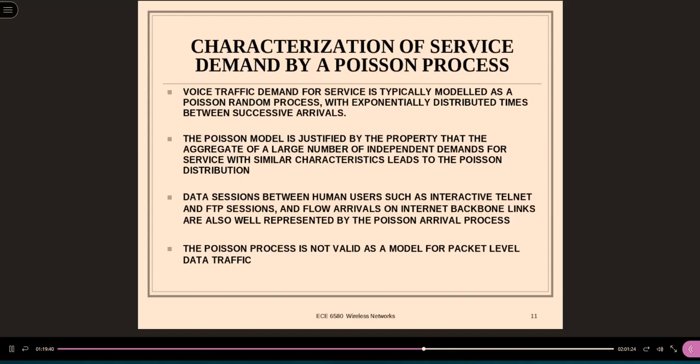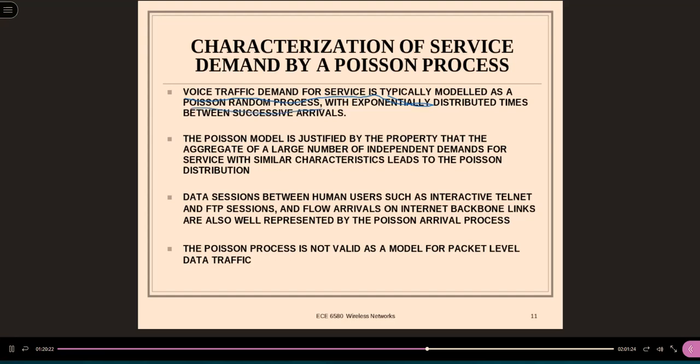Okay, now, how do we characterize all of these pictures mathematically is the next question. And organizations like the telephone companies have done this for many, many years. And they have developed statistical models to which the actual data they have can be matched. And so, for example, in voice traffic, the demand for service is modeled as a so-called Poisson random process.